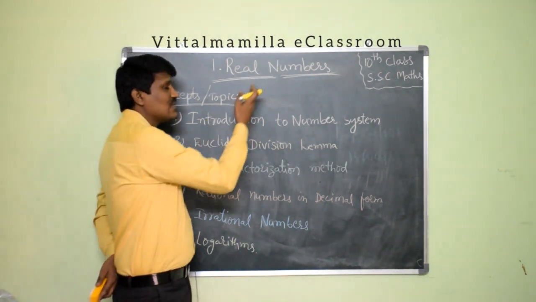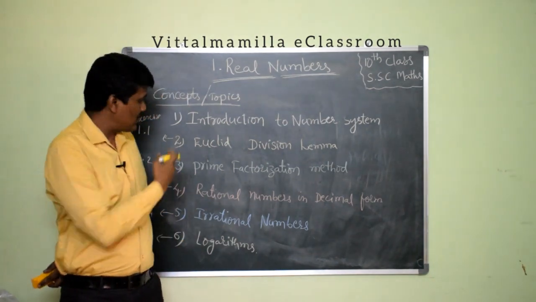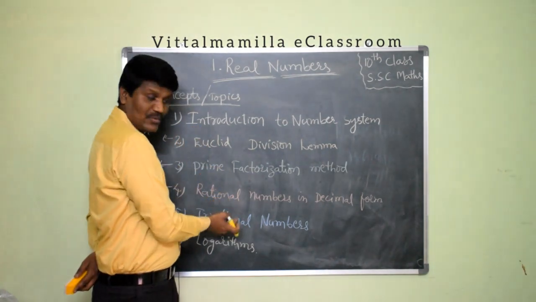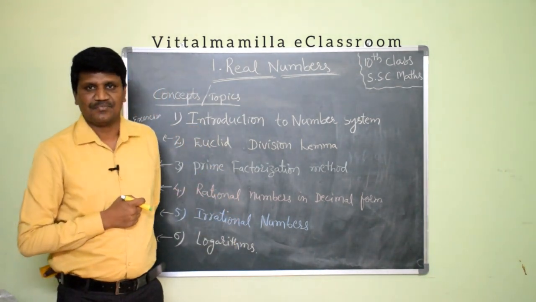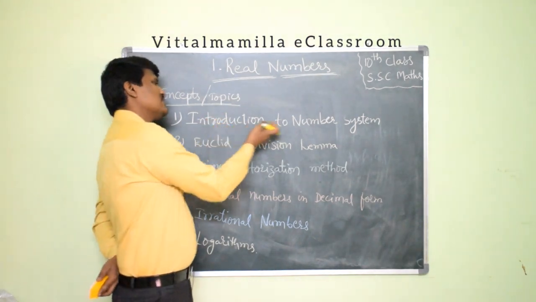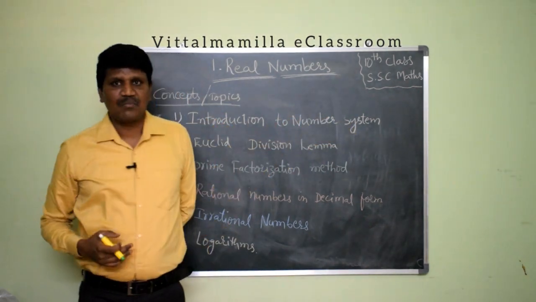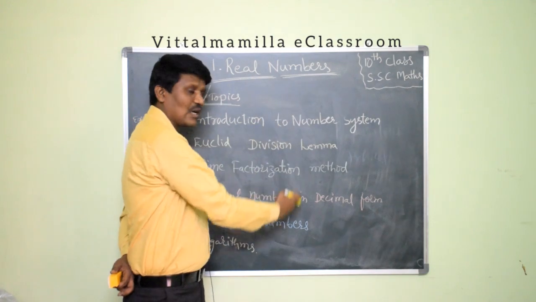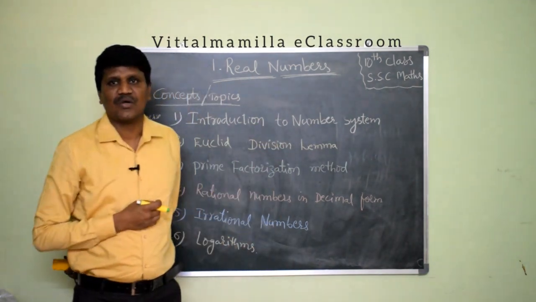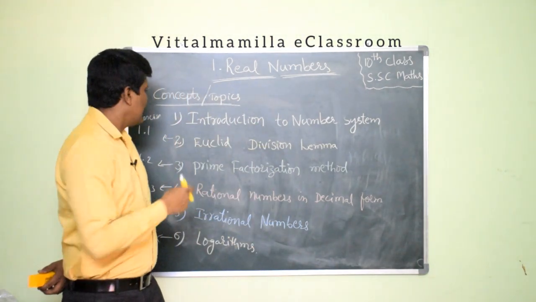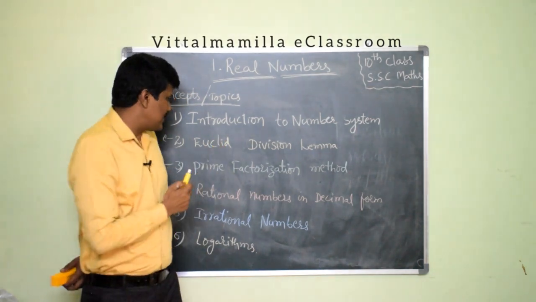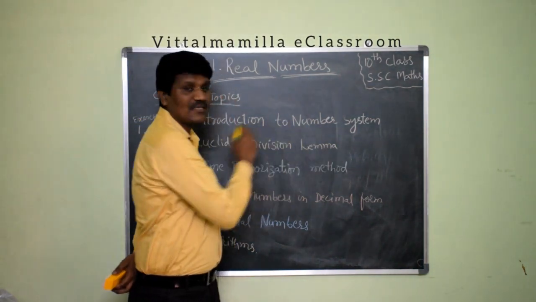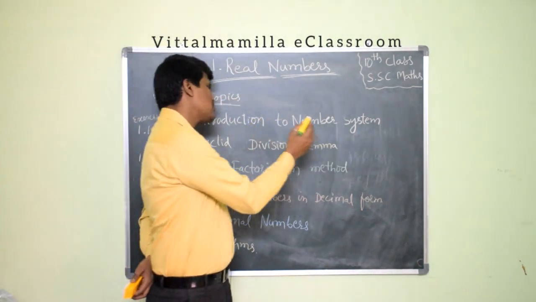So in Real Numbers there are 5 exercises: 1.1, 1.2, 1.3, 1.4 and 1.5. The introduction is of the number system, which we will use to do all these concepts.